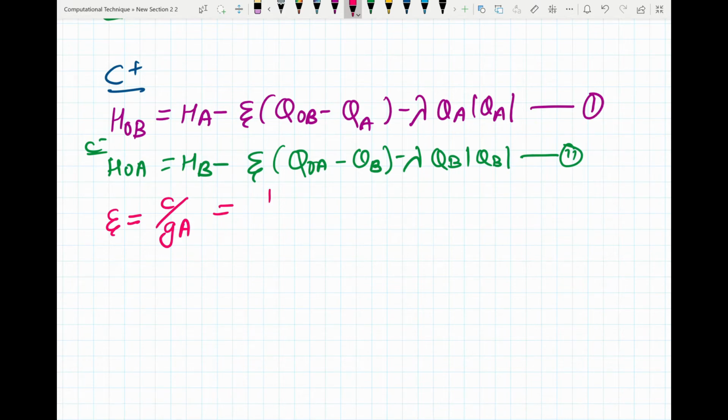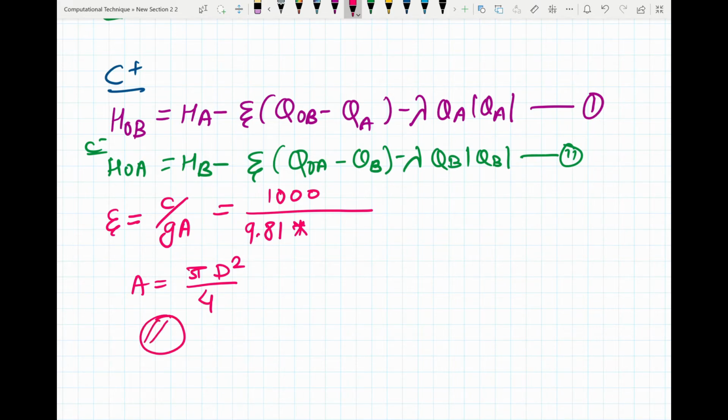This will be equal to 1000 by 9.81 times area. So your area will be given by pi d square by 4, which is the area of the pipe.